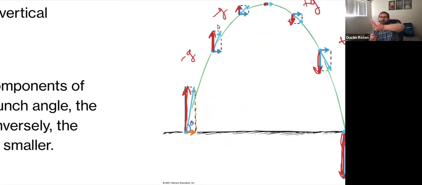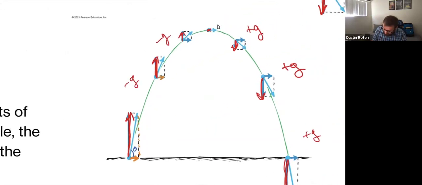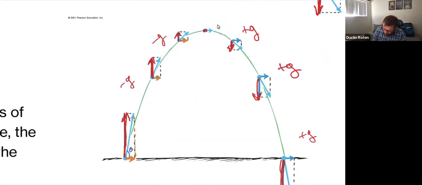And if we put more into the vertical component, we have to take some out of the x component. So that's why in the x direction, our orange vectors are really tiny. But you'll notice that they stay the same length the whole time. That's because there's no acceleration in the x direction to change it. So it's going to stay constant the whole time.